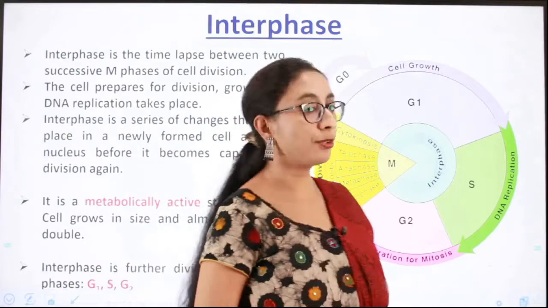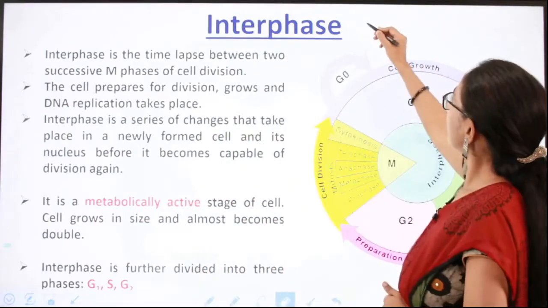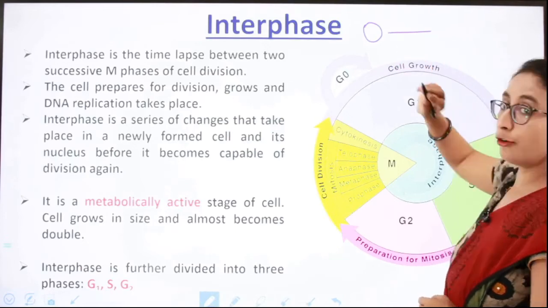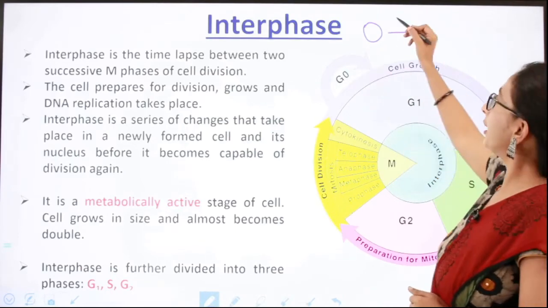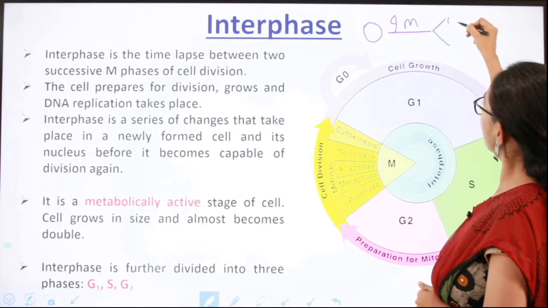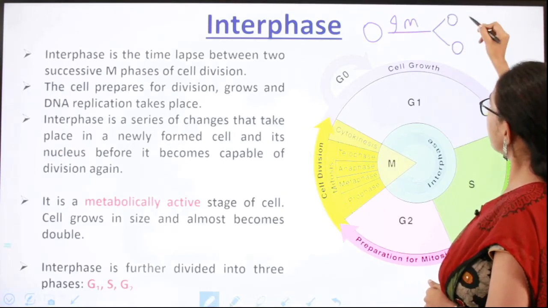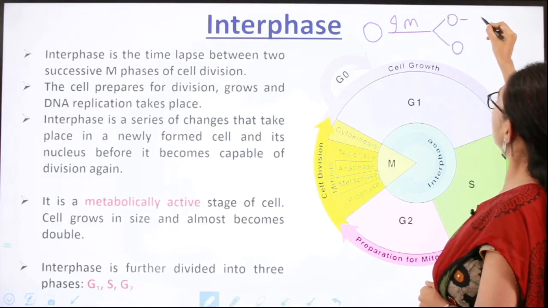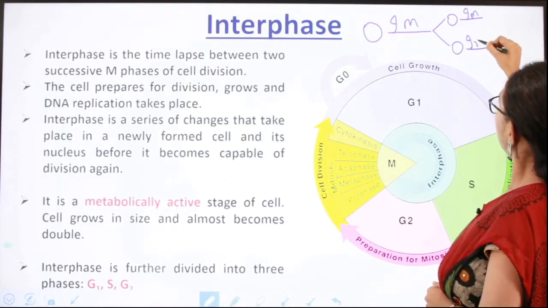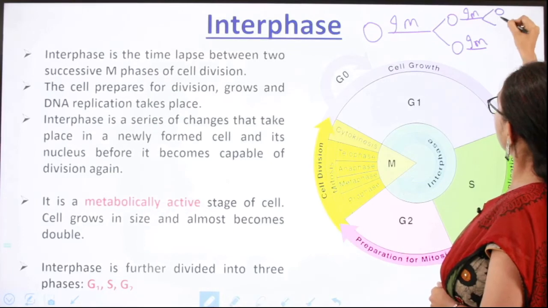I hope you understood, right? So one cell goes through the entire cycle of cell division including interphase and M phase, and it gives rise to two daughter cells. And these two daughter cells again go through interphase and M phase to give rise to two daughter cells each.